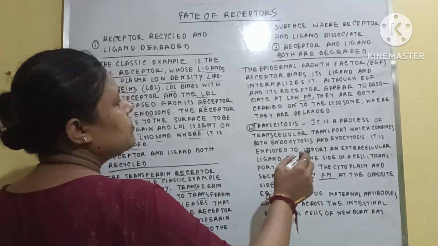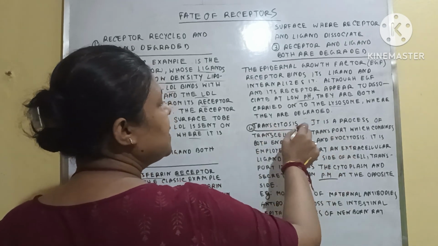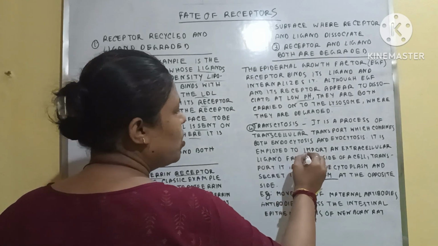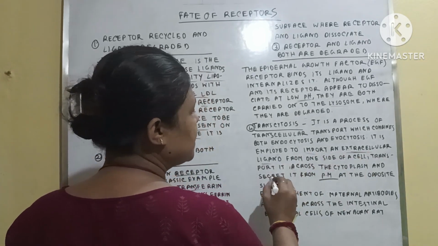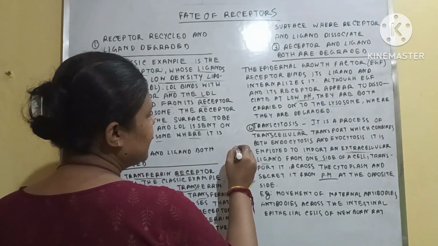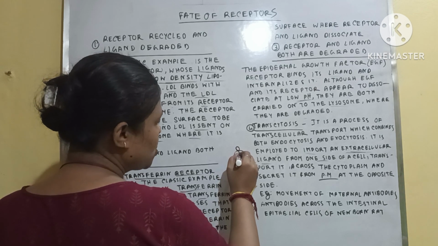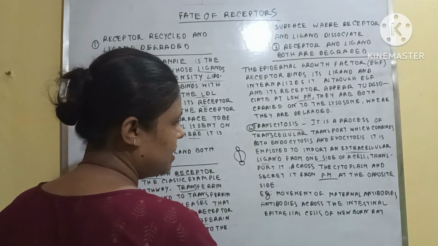That here exocytosis and endocytosis are both possible in this process, and what is happening is the import of an extracellular ligand from one side of the cell. That means this is the cell, the ligand is carried in from this side of the cell, passes through the cytoplasm and is released from this side of the cell.